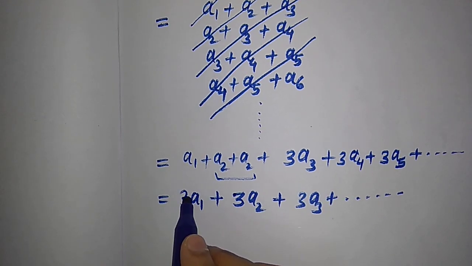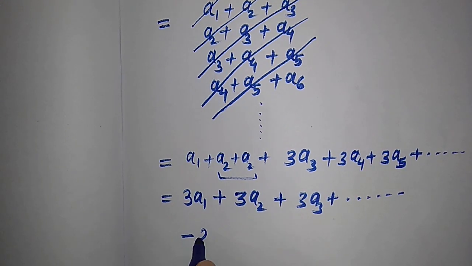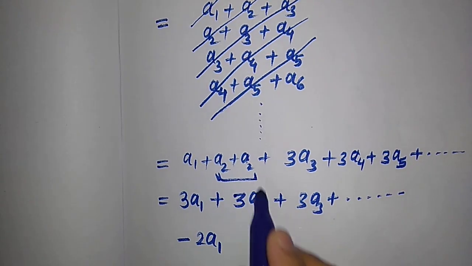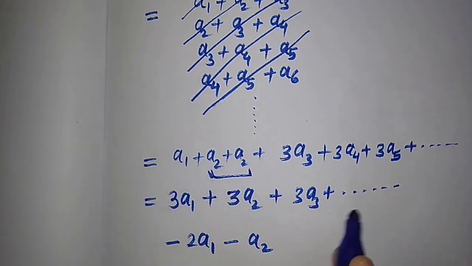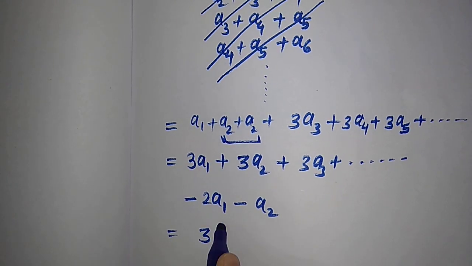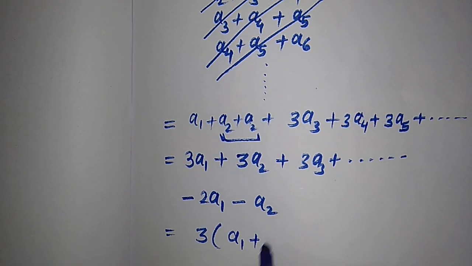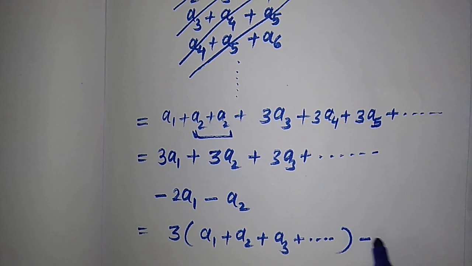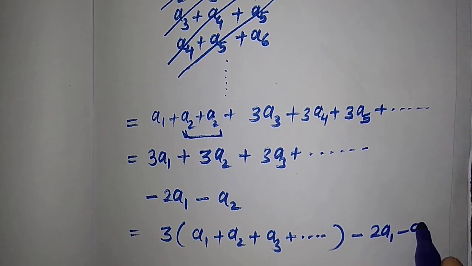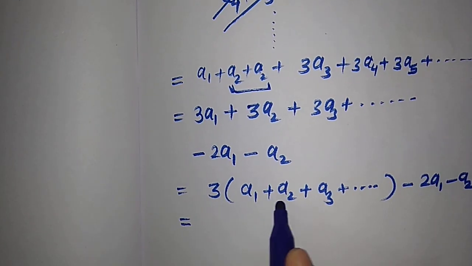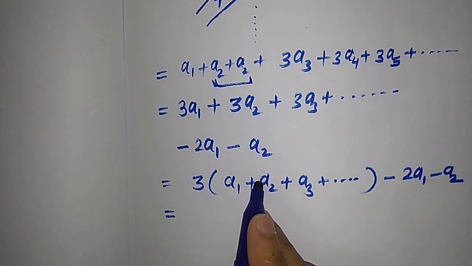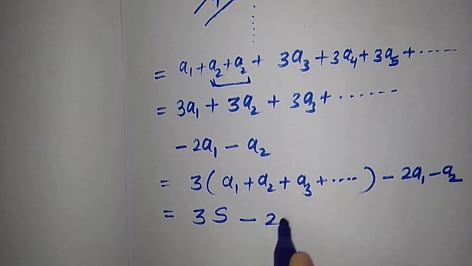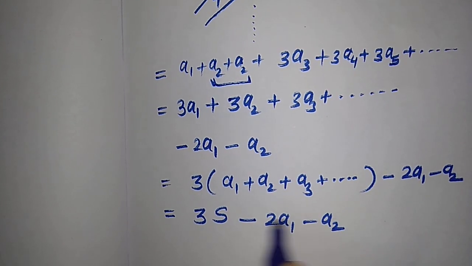Now I have added 2 a1 here, so subtract 2 a1, and here I have added a2, so subtract a2. So this is just equal to 3 into a1 plus a2 plus a3 and so on, minus 2 a1 minus a2. Now see, summation an is s, so this quantity is just s minus 2 a1 minus a2. This is the answer.